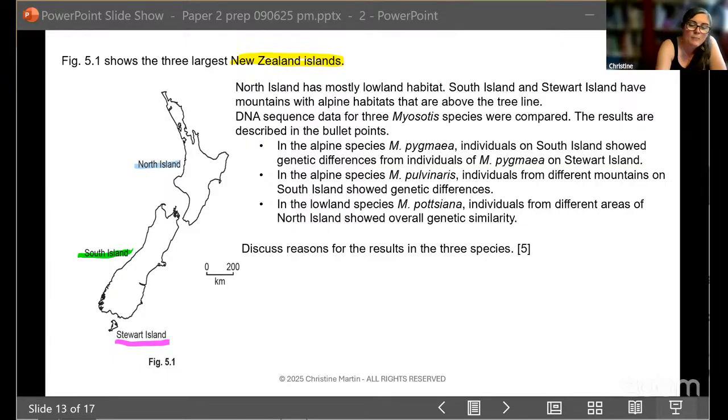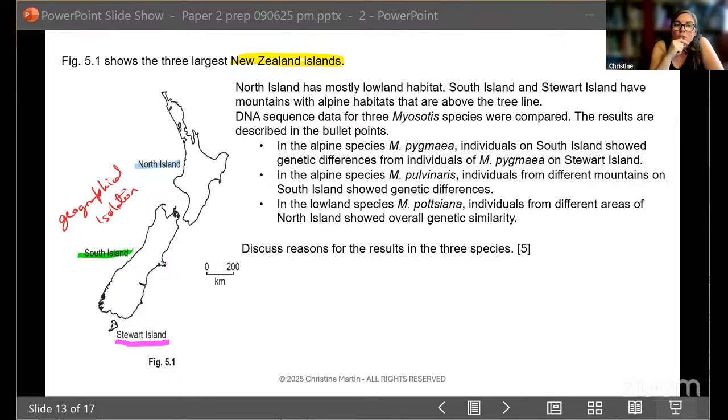So straight away in my head, I'm thinking to myself, ooh, different islands. We have got geographical isolation. I haven't looked at the question yet. I've just thought to myself, what is actually being shown already?